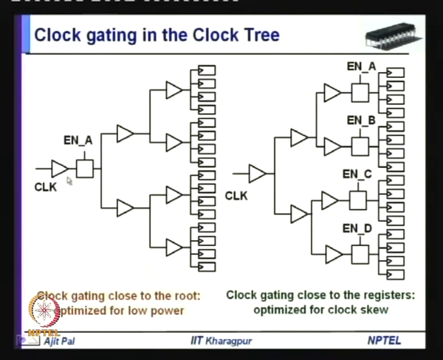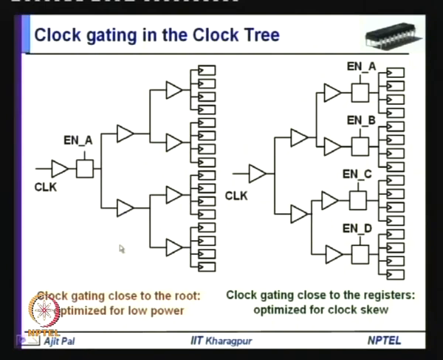Now, the question arises where you will apply the clock gating circuit. Here a clock gating circuit can be used only when all these registers satisfy that condition. That means the gating of all these registers can be done by a single enable signal, only then this can be done, and obviously this will save power, because you are using only one clock gating circuit.